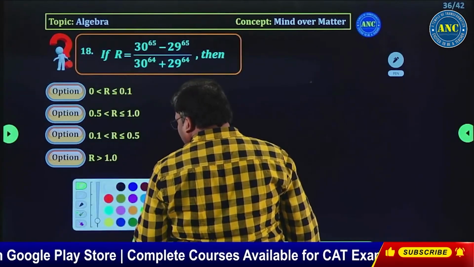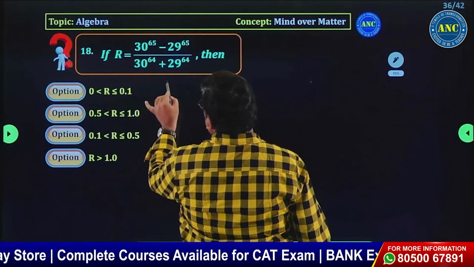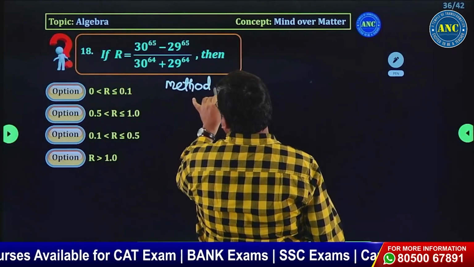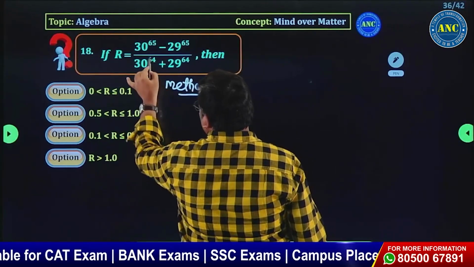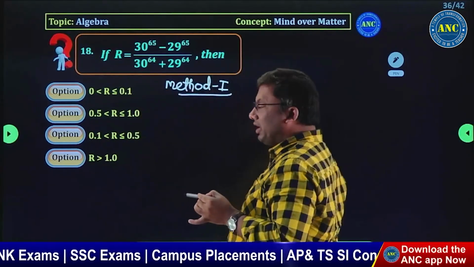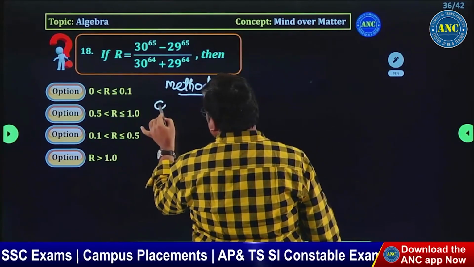Now if you see here, this question can be solved in multiple ways. Method 1. The question contains numerical values, the answer contains numerical values. Already we did this method.